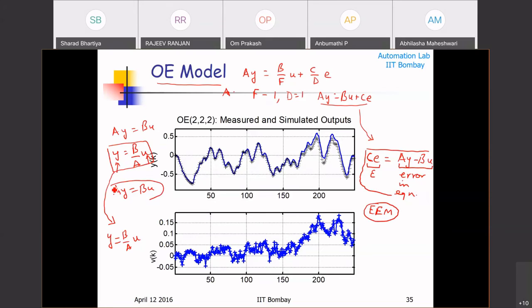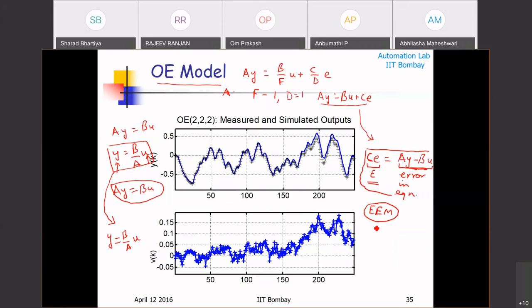See, the same equation, you could have either written it as ay is equal to bu, and then say, what is the error between ay and bu, and then model that as the error, meaning the uncertainty, meaning the noise, versus you write it as y is equal to b by a times u.